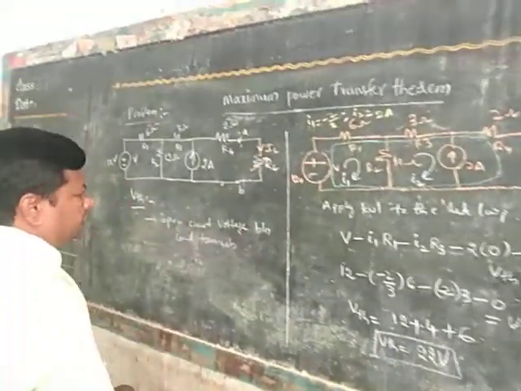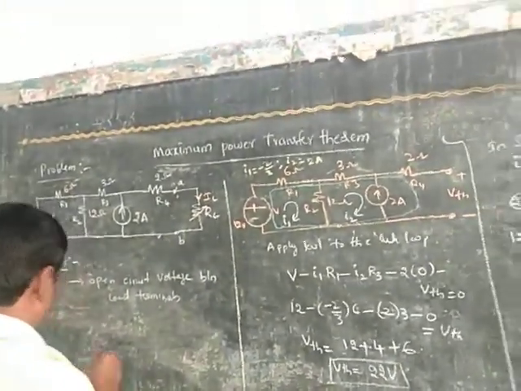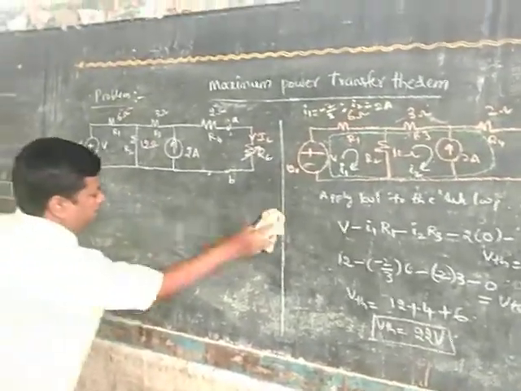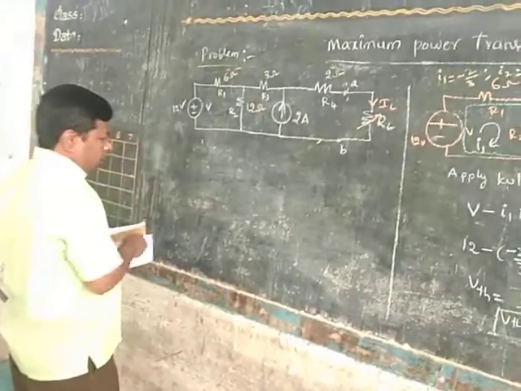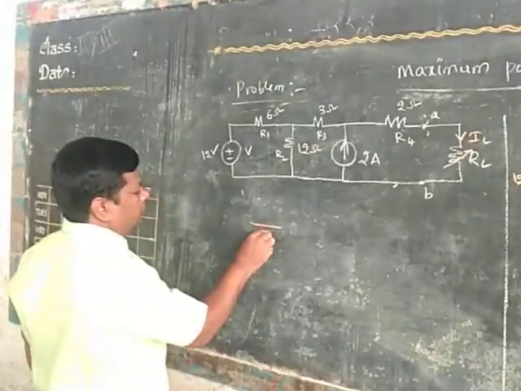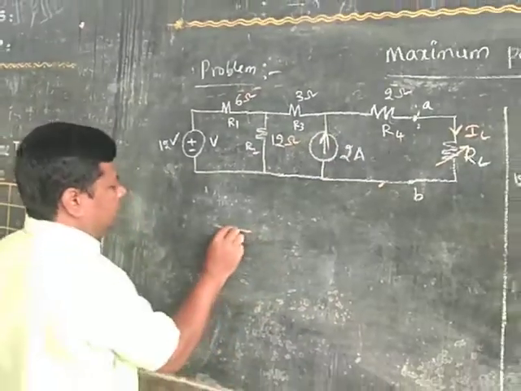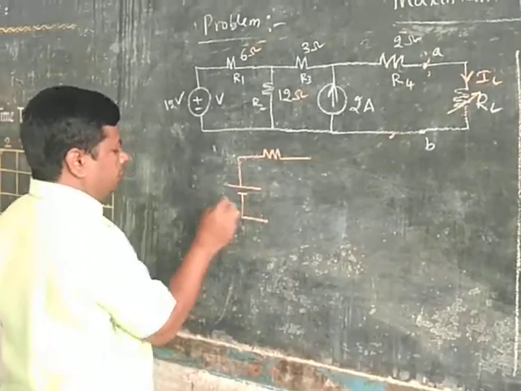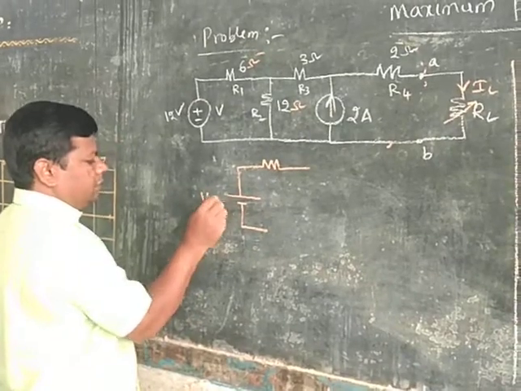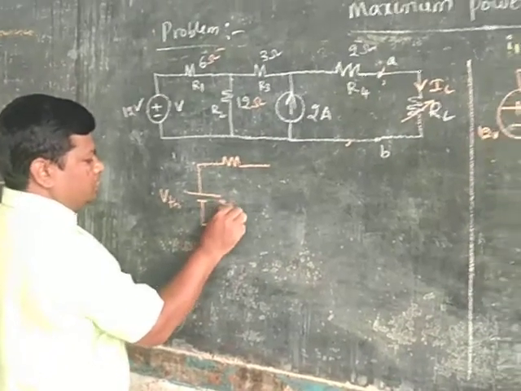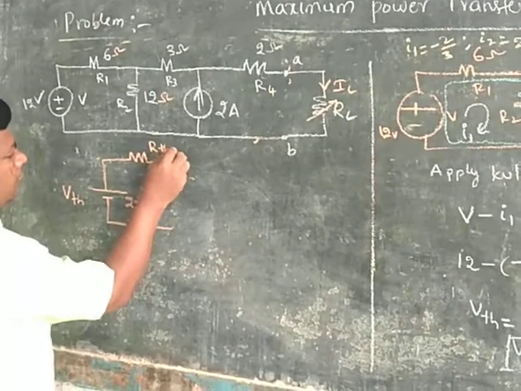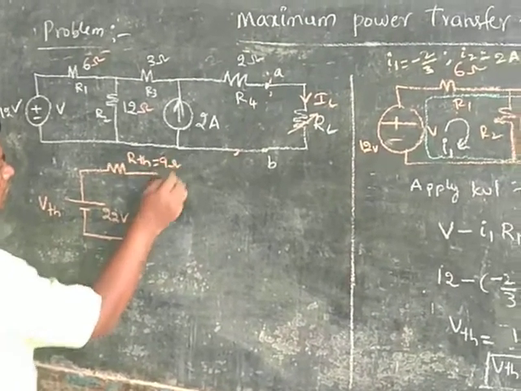So once we know the V Thevenin and R Thevenin, this entire circuit can be equivalently replaced with V Thevenin, which is equal to 22 volts, and R Thevenin, which is equal to 9 ohms.